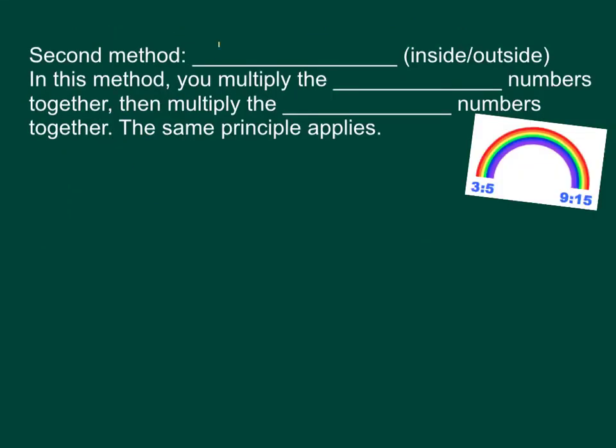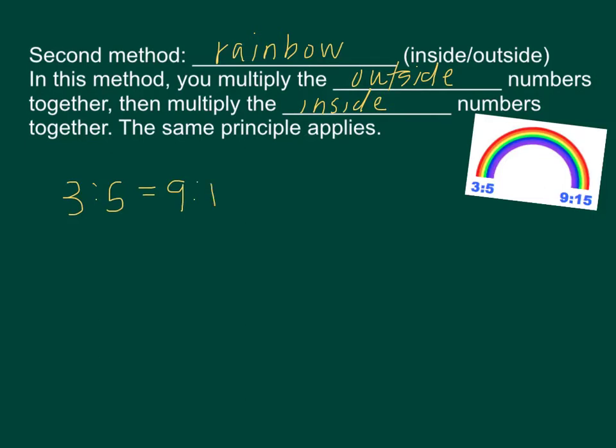Now the second method was called the rainbow method, or you can think of it as insides, outsides. In this method, you are multiplying the outside numbers together, and then you are multiplying the inside numbers together. So the same principle applies. We will set up the ratio saying 3/5 is equal to 9/15.